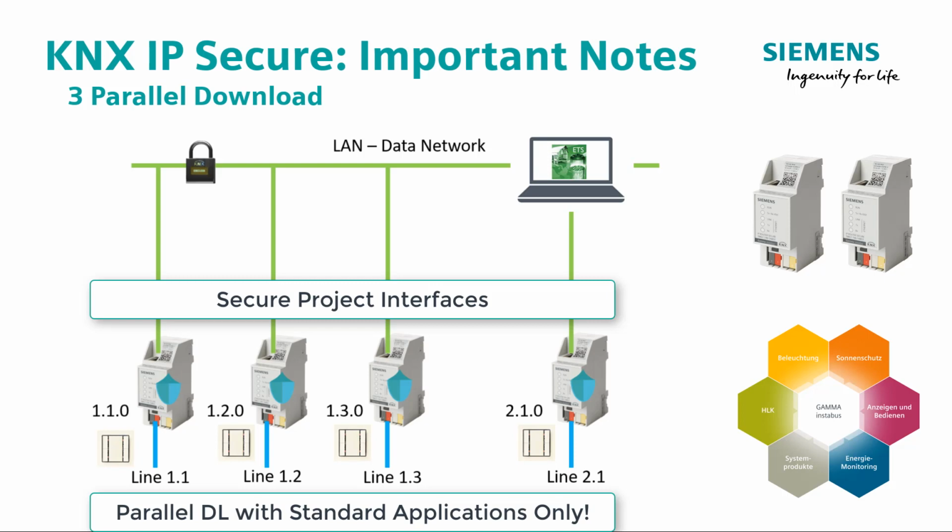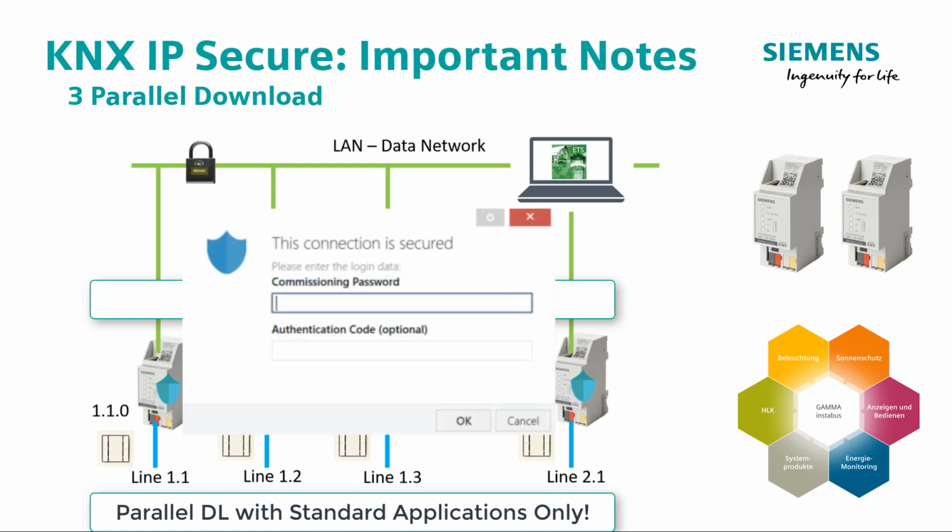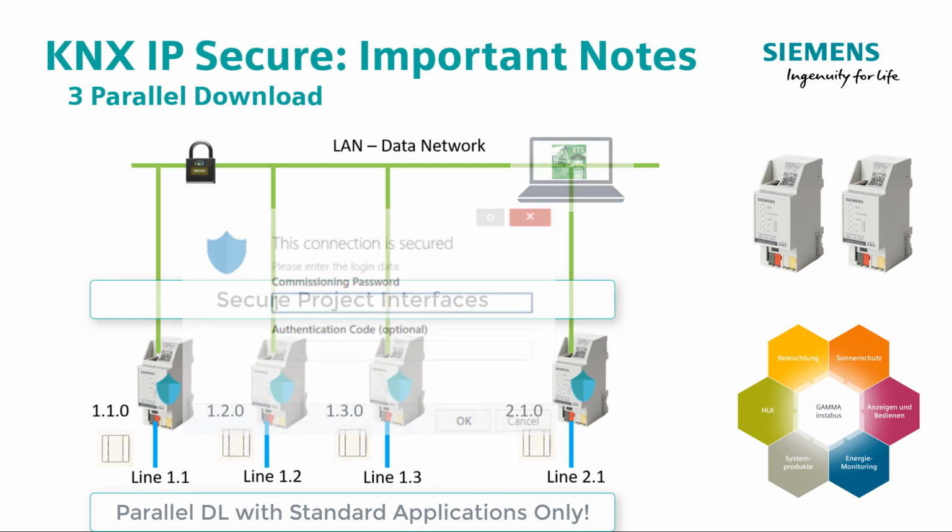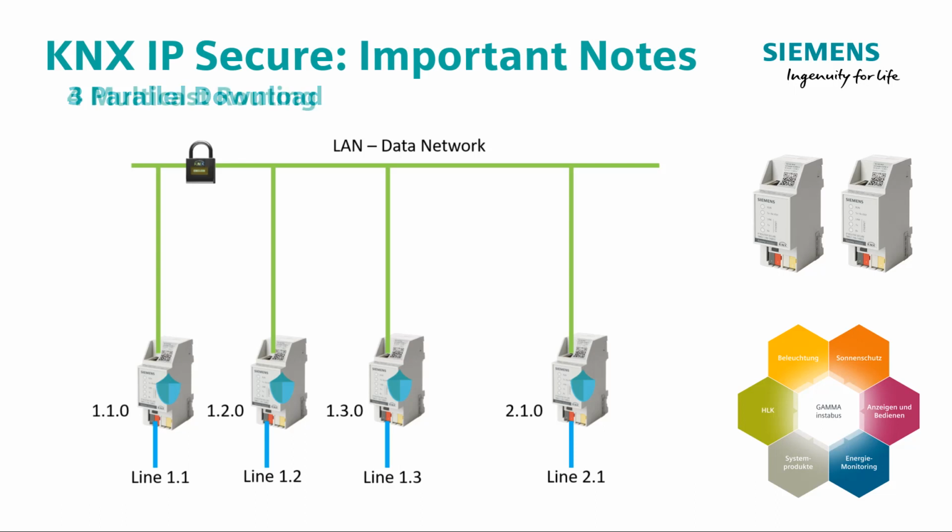When using the secure IP interface for the first time during an ETS work session, its configured password must be entered at least once. This is good only as long as ETS is not shut down. After a restart of ETS, the procedure must be executed again.